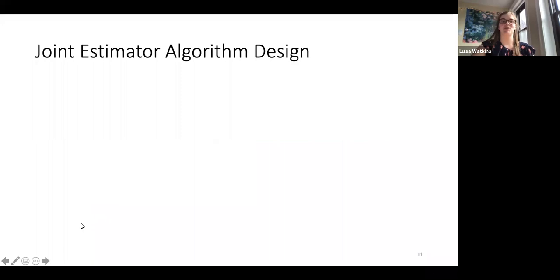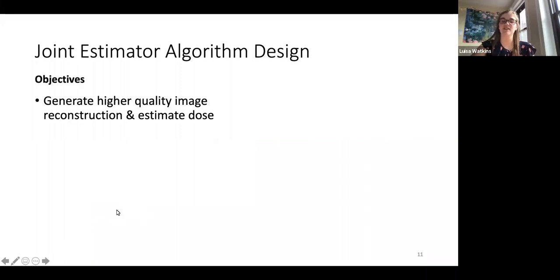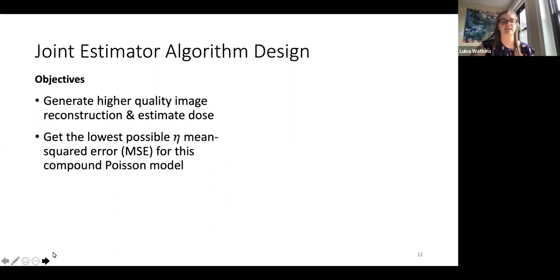So I'll now be going into the joint estimator algorithm design that I have, where my objectives are, one, to generate higher quality image reconstruction, again, to try to get rid of those striped artifacts, but then also to estimate the dose, which is useful, of course, to estimate the image, but also very useful when trying to fabricate the samples and change them in different ways.